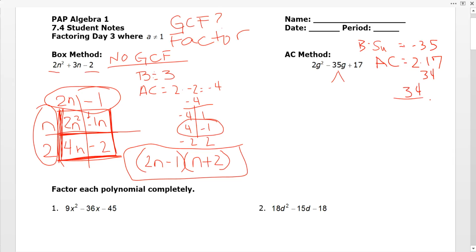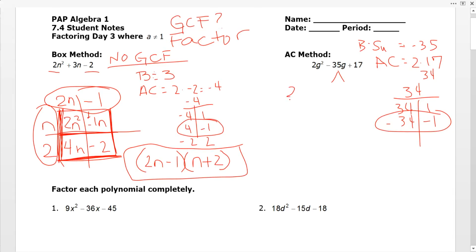Factors of 34: 34 and 1, and I already see that since that's 35, negative 34 and negative 1 are going to be my magic numbers because they multiply to 34 and they add to negative 35.